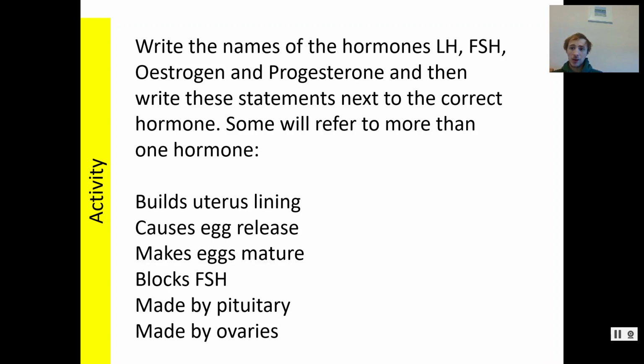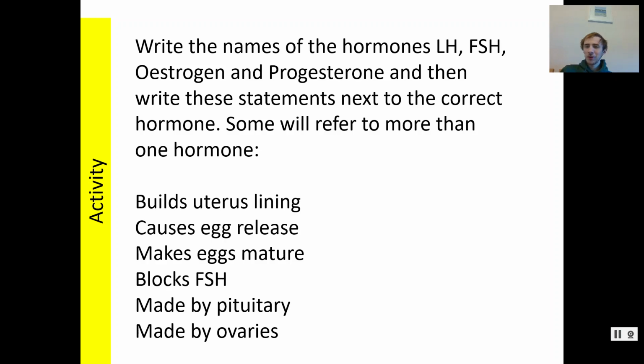We'll come on to that later on. Made by the ovaries: estrogen and progesterone, and also by the egg. That's a nice summary.